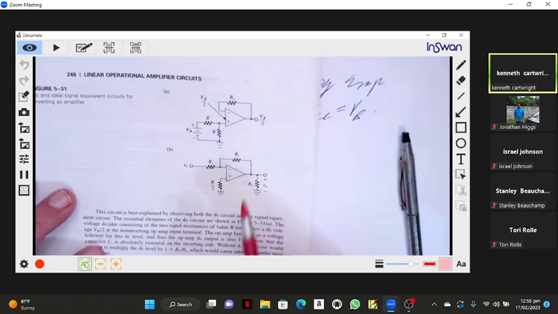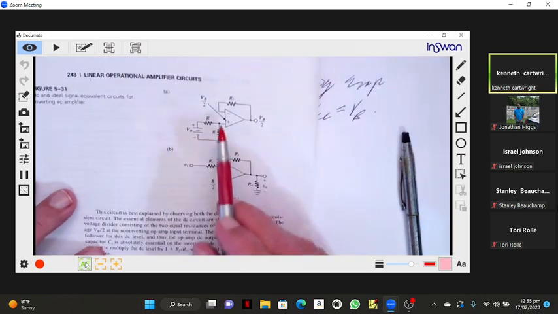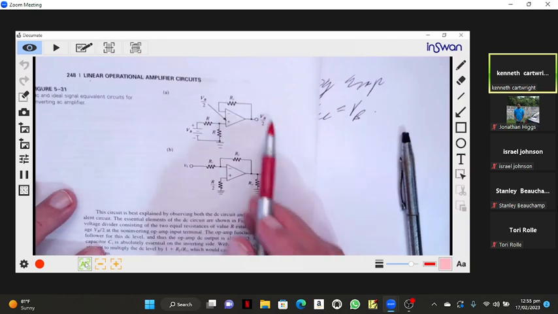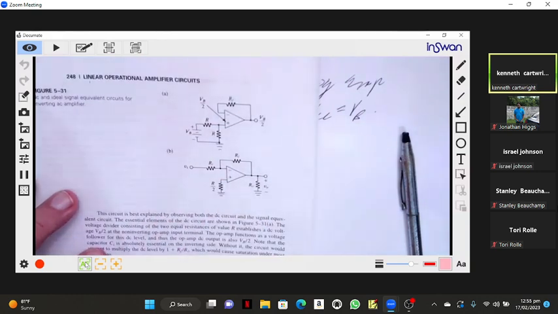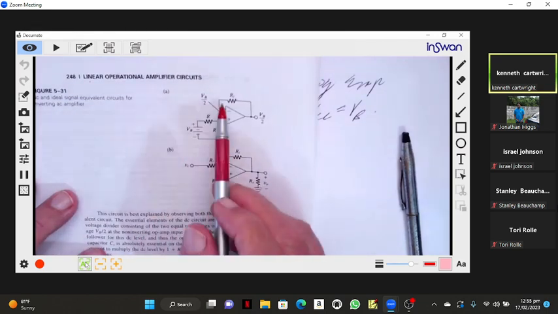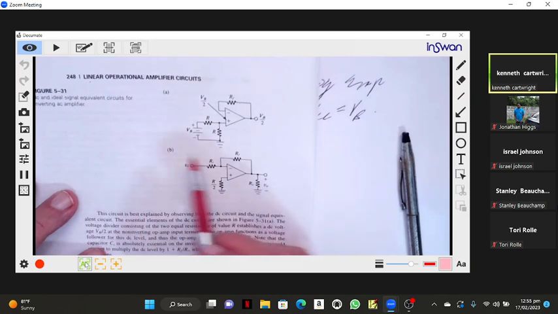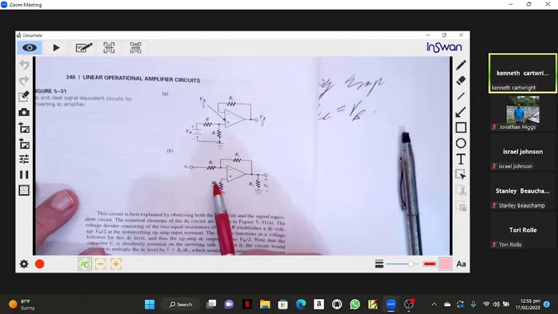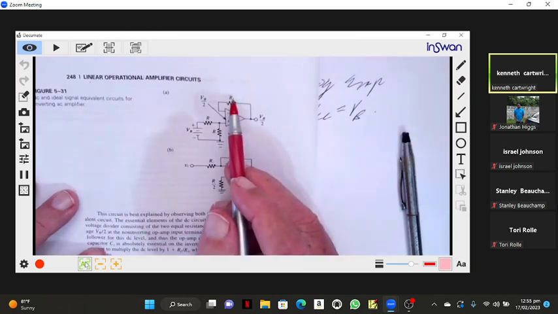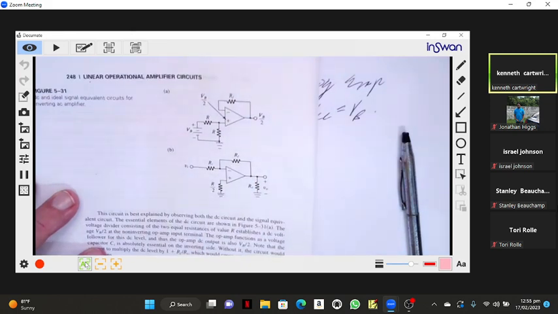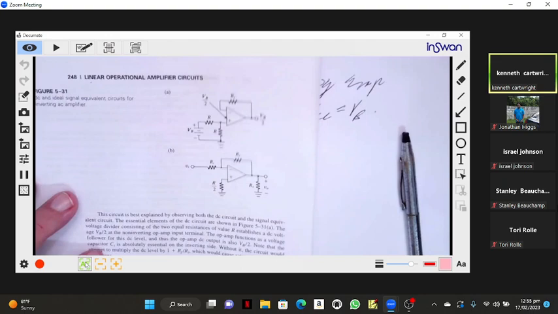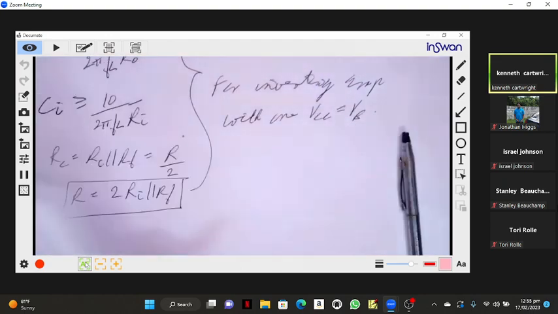There is no RI as far as DC is concerned. The compensation resistor depends upon the DC conditions, but RI is not in the circuit. So R over 2, that's the compensation resistor, should just be equal to RF, because there is no RI. So I hope you understand the clarification.